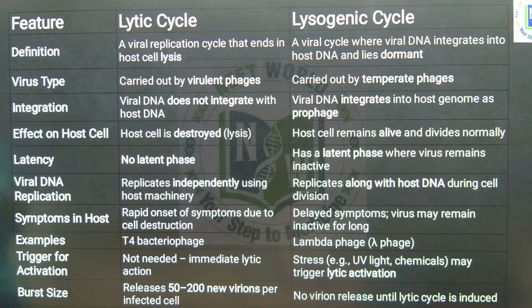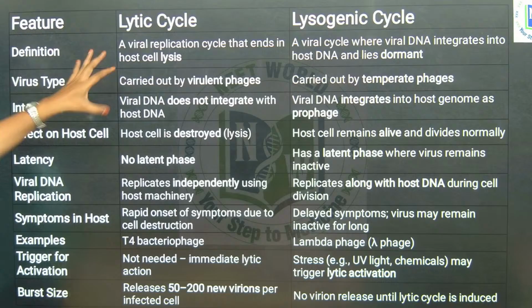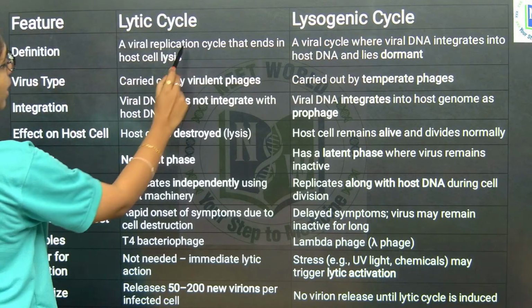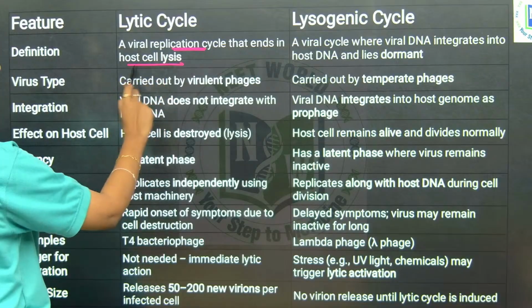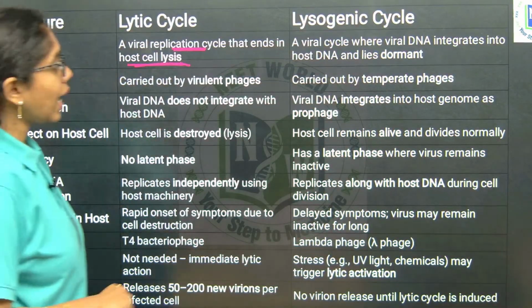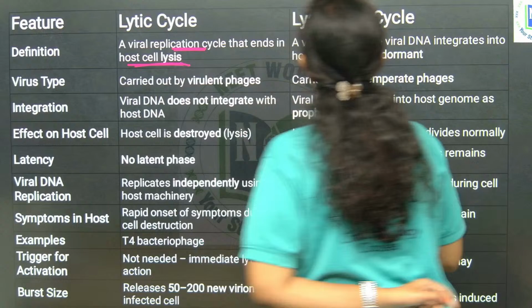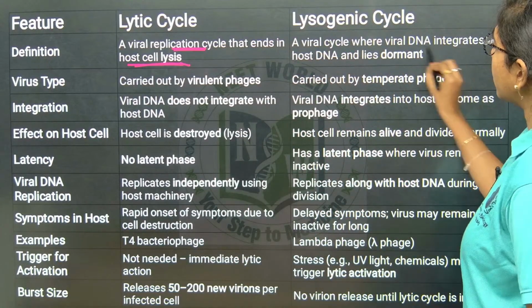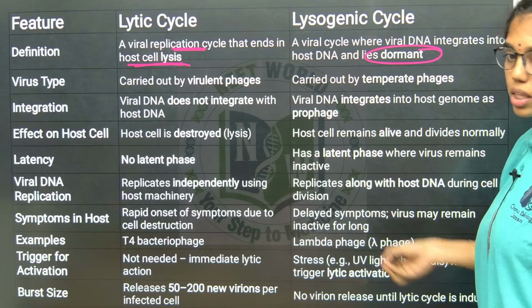Once go through. First, lytic cycle, a viral replication cycle that ends with cell lysis. Lysogenic cycle, a viral cycle when the viral DNA integrates into the host DNA, and lies dormant.